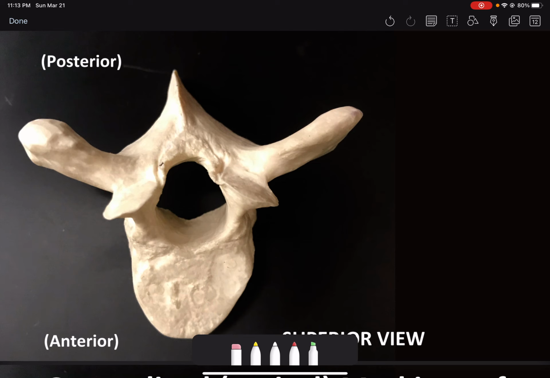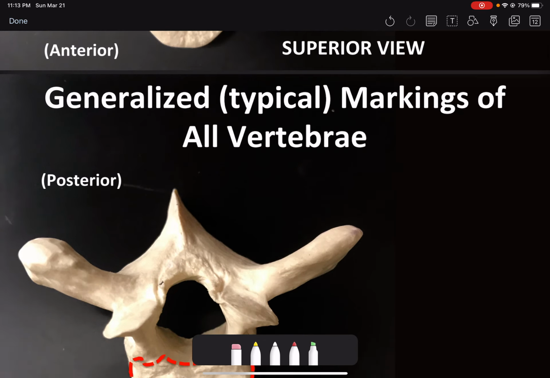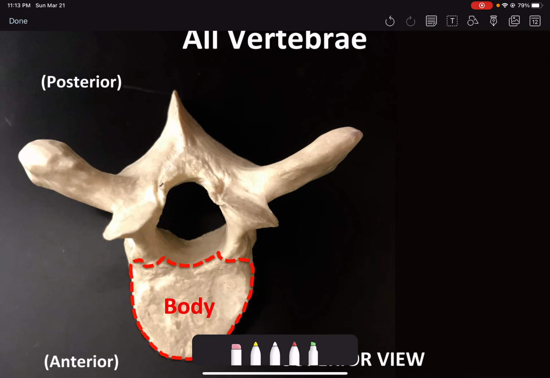That happens to be the vertebrae that we're using to demonstrate all of these universal bony markings that are common to all the vertebrae. As you can see, I have anterior and posterior, all right? The parts of this bone that are oriented with respect to the front and back of the body are evident for you. So this first bony marking here that's towards the front, or at the anterior aspect of this bone, is the body.